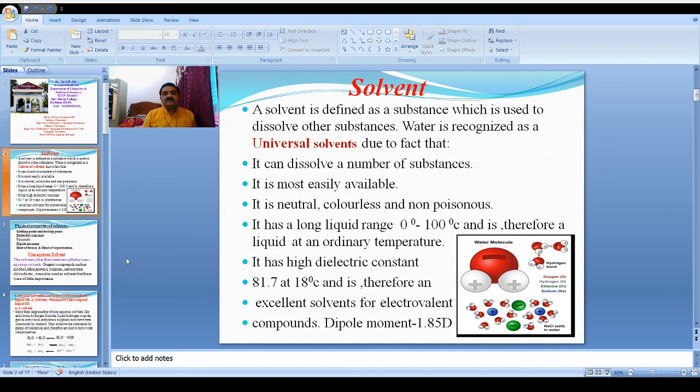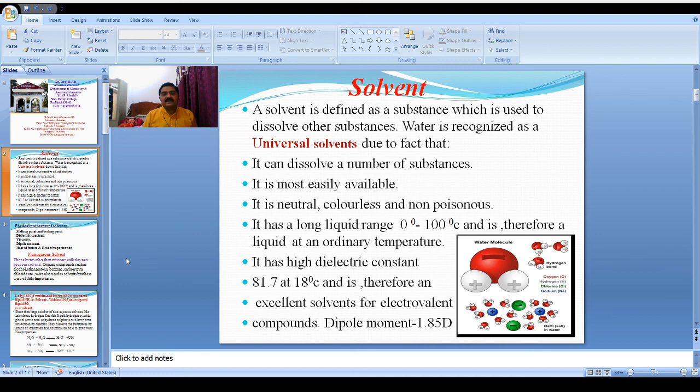It has a long liquid range, from 0 degree to 100 degree. That means 0 degree is the freezing point of water and the boiling point of water is 100 degree Celsius. So water has three states: solid, liquid as well as gaseous. Therefore, it is a liquid at ordinary temperature.